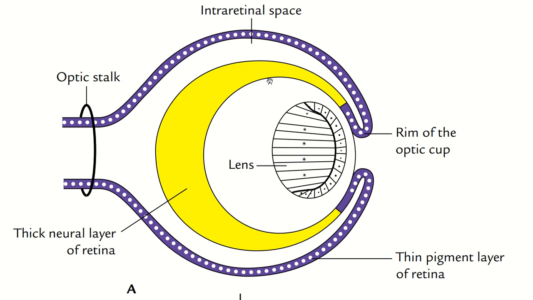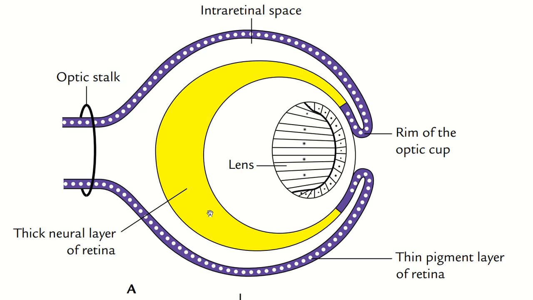Your pars optica retinae are going to be responsible for the formation of your rods and cones. They make up the posterior 4/5 of the inner layer of your optic cup.